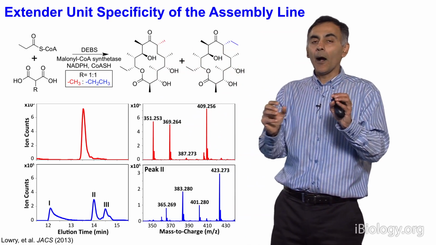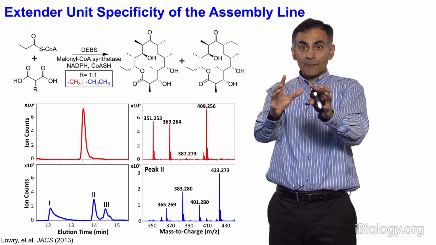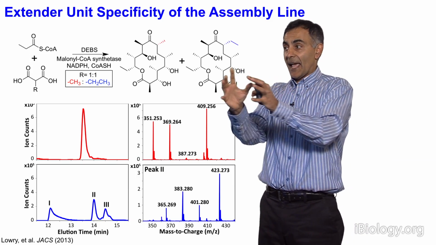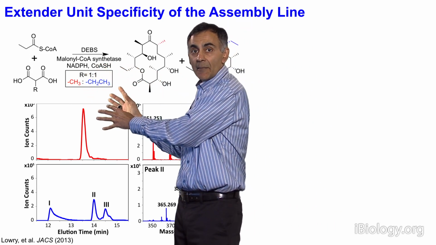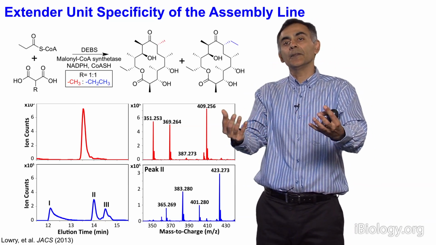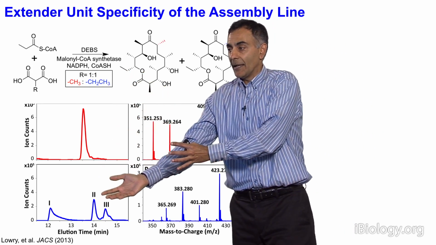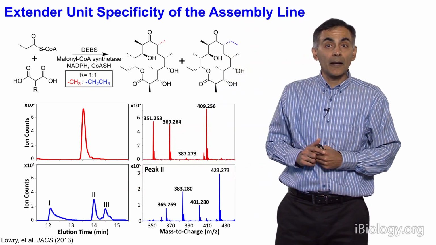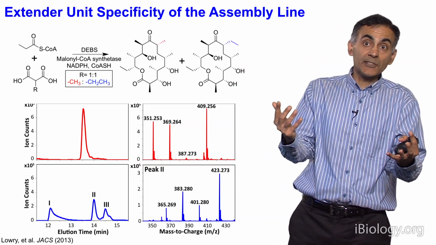So somehow that gatekeeper transferase has enough tolerance for an ethylmalonyl extender unit, and all of the downstream enzymes on the assembly line are sufficiently tolerant that they will let that mistake slide by, so you get this desired product.